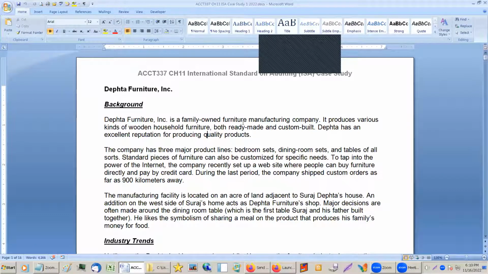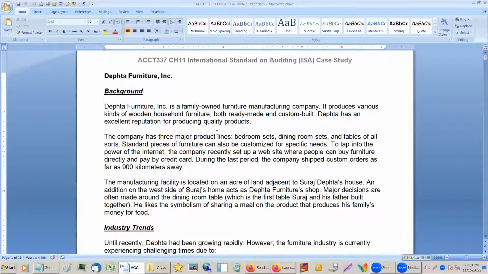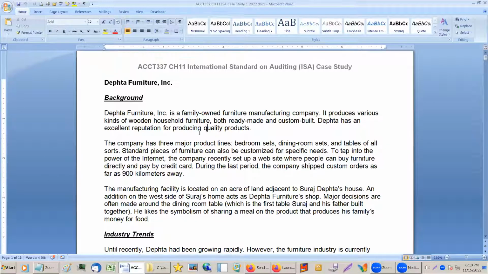Okay, as you did not get this case study. By the way, this comes right from the international standards, the financial standards board, IFRS.